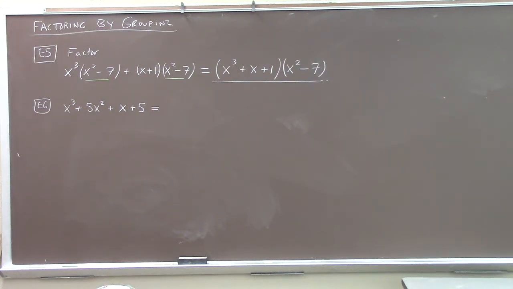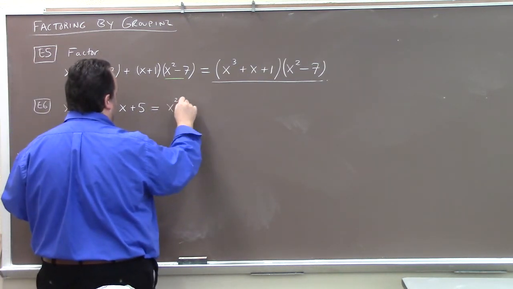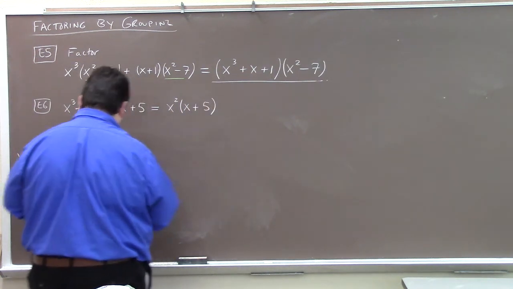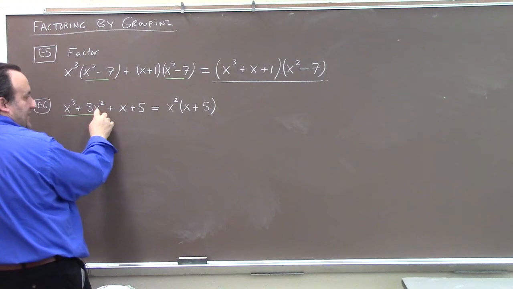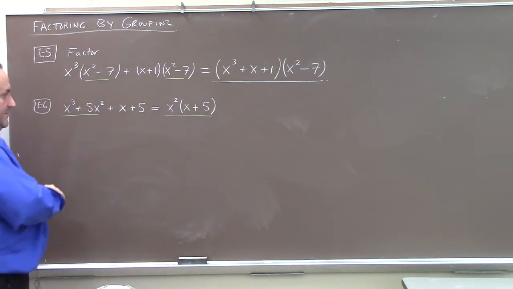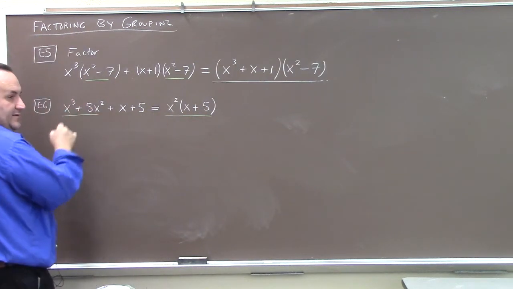So you got to kind of look at it and go, wait a minute, the first two terms I can factor an x squared out of, right? So I've got x squared times x plus 5. That gives me those first two terms, does it not? Do you agree this guy and this are the same? If I multiply this out, I get x cubed plus 5x squared, right?